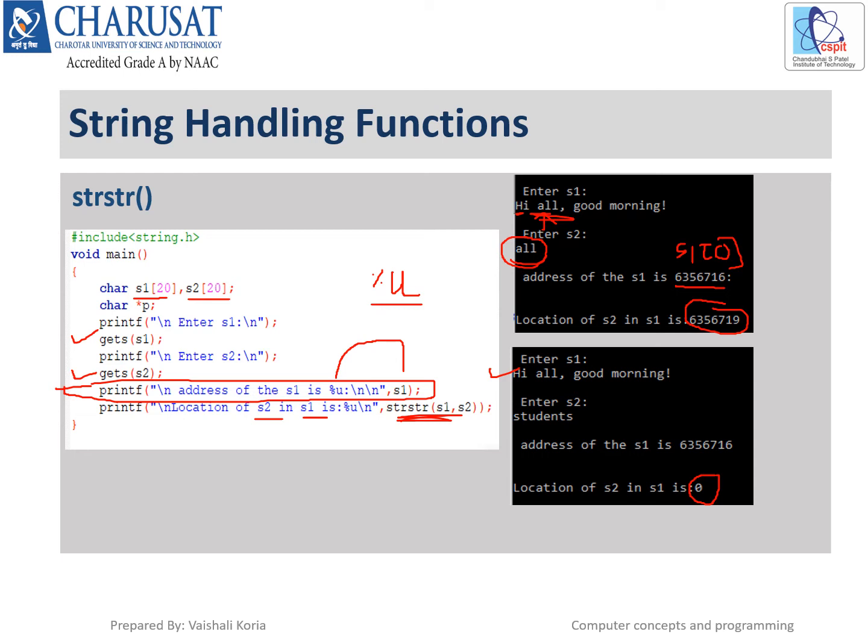So if s2 is a substring of s1, it will print the location of s2 in s1, and if s2 is not a substring, it will return null. When you print null like this, it will generally print 0 as output. So this is the strstr function.